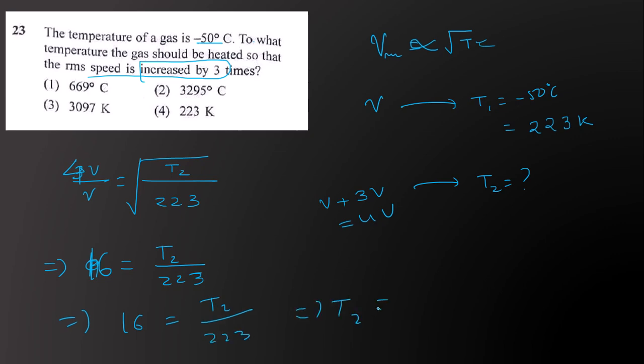So T2 will be equal to 16 into 223. So let's say this is 200, so it will be more than 3200. So definitely this option should be the answer.